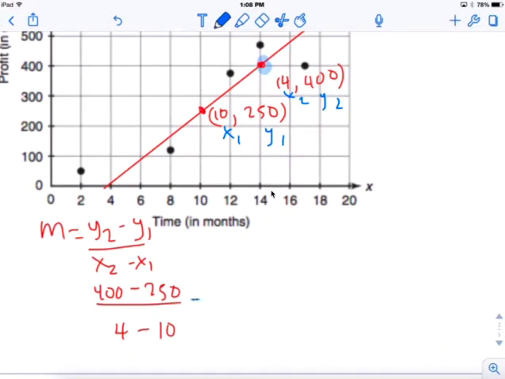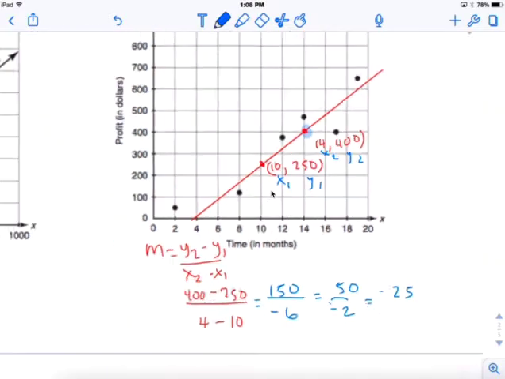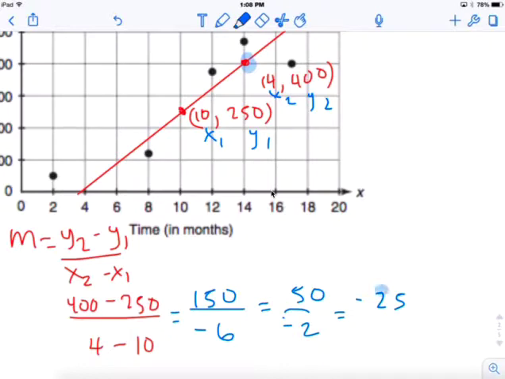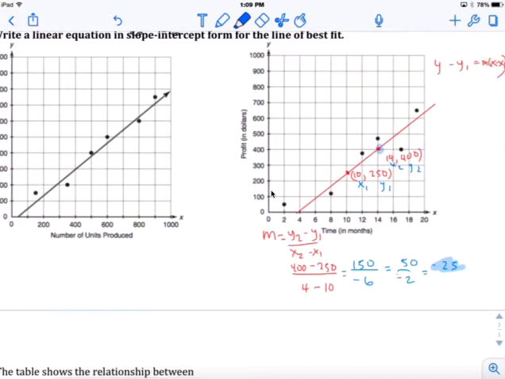Okay, so you get 150 over negative 6. That can still be reduced, which is 25, negative 25. I did good. I chose a whole number, which makes life a lot easier.